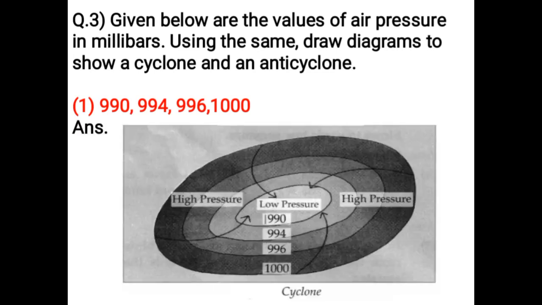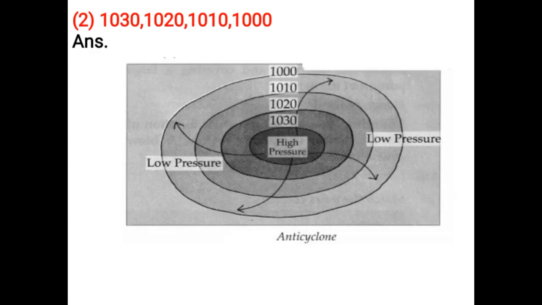You have to draw the diagram of a cyclone showing low pressure in the centre and the numbers 990, 994, 996 and 1000. 1030, 1020, 1010, 1000. You have to draw the diagram of an anticyclone showing high pressure in between and the numbers 1030, 1020, 1010 and 1000.